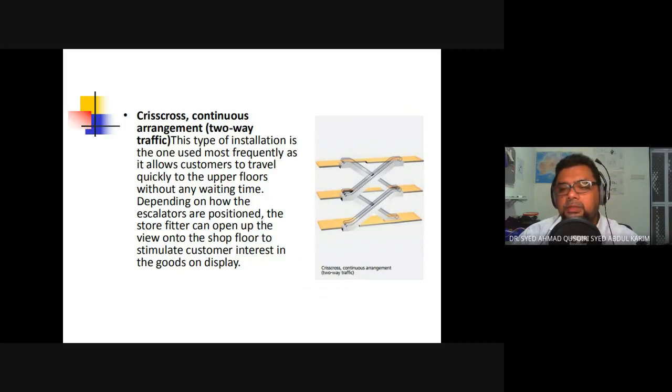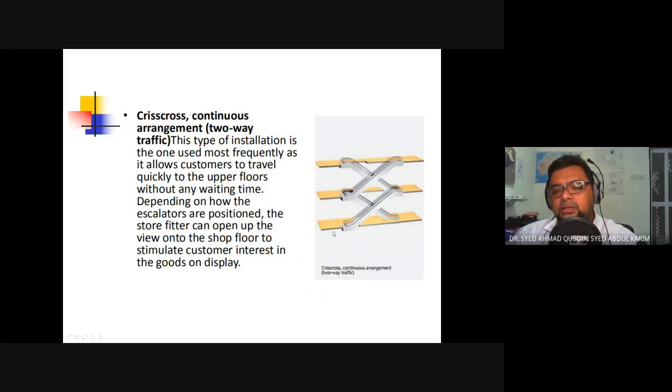So even though the customer does not need to walk as much, he or she can still see the display. Like from here, the first level, the customer goes up to the second level, and immediately the second flight of escalator is waiting for him or her to take them upstairs.